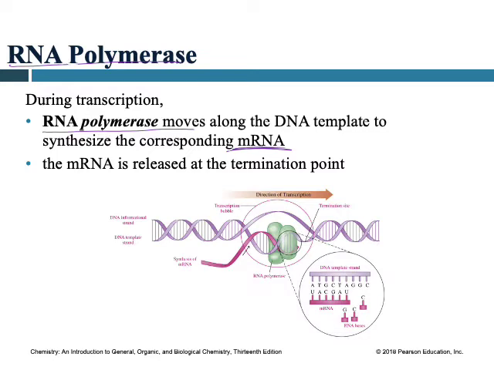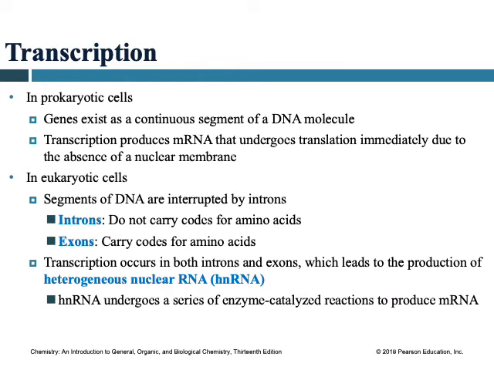And the region that has the information is usually opened up so that the RNA polymerase can copy it. So this is the process of transcription, DNA to mRNA, with the help of RNA polymerase. This is the enzyme.